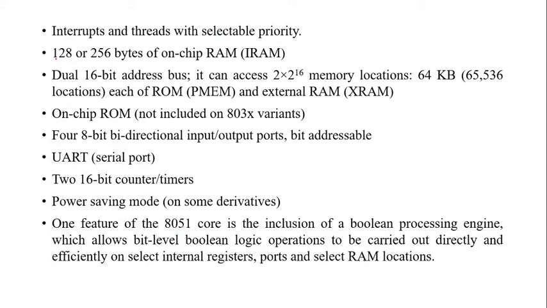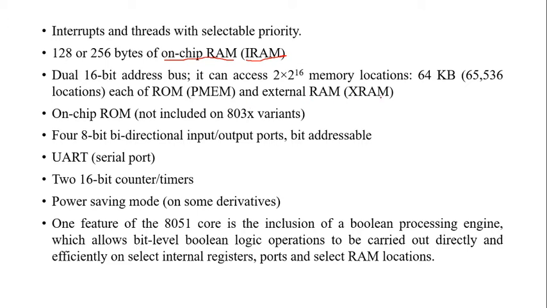Then 128 or 256 bytes of on-chip RAM, or inbuilt RAM, and dual 16-bit address buses. It can access up to 2 to the power 16 memory locations, that is 64 kilobytes, or 65536 locations each for ROM and program memory.